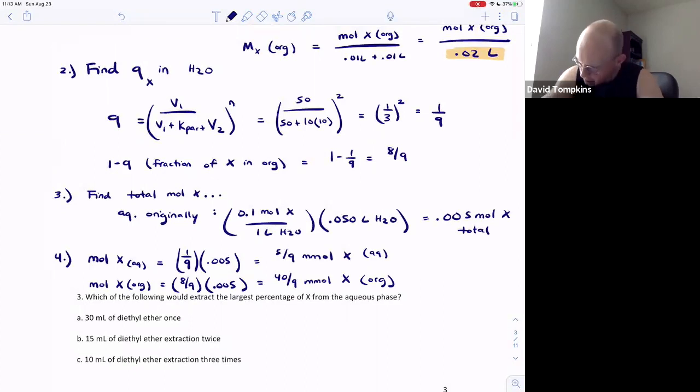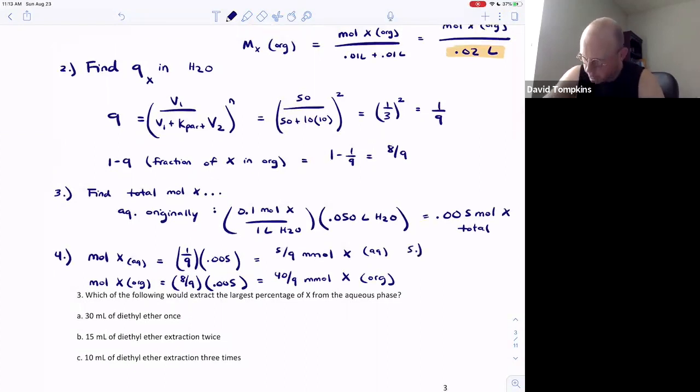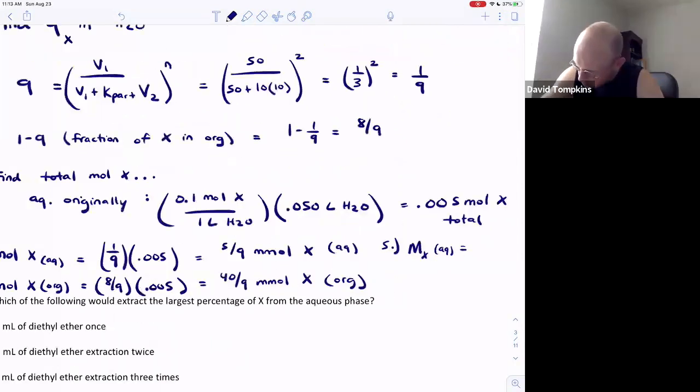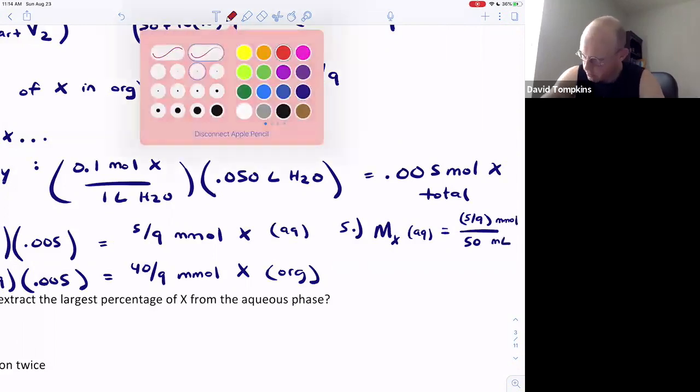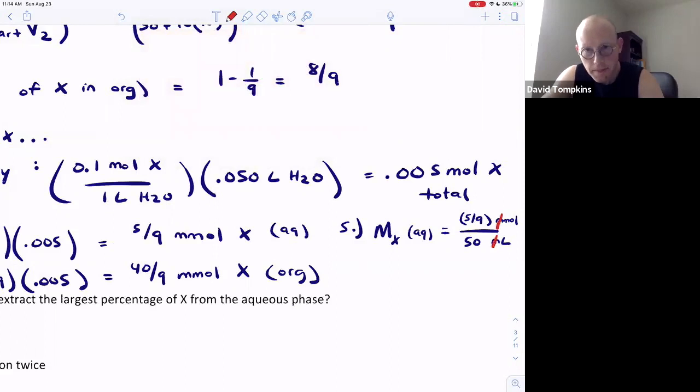And finally, step 5, plugging back into the molarity equations, the molarity of X in the aqueous layer will equal the millimoles, 5/9, over the milliliters, 50. Millimoles per milliliter gives moles per liter because the milli cancels.